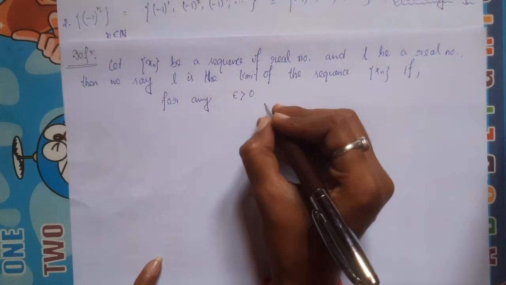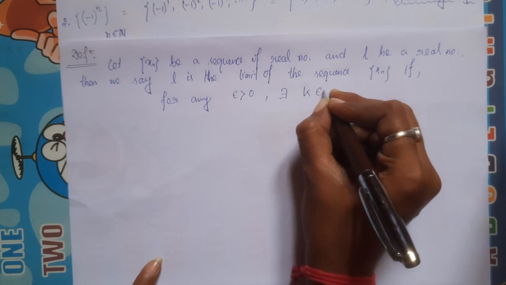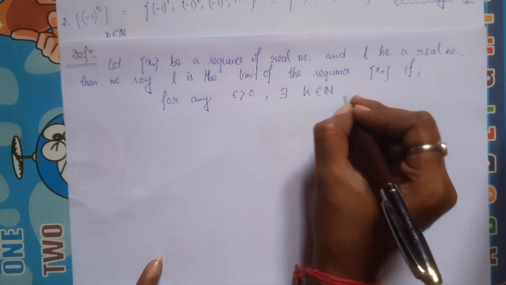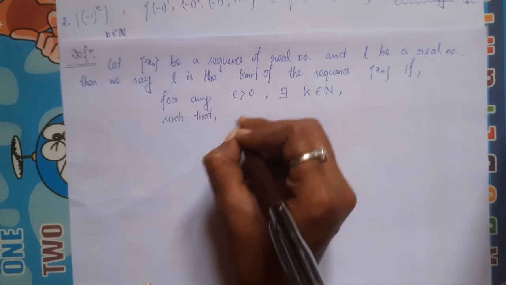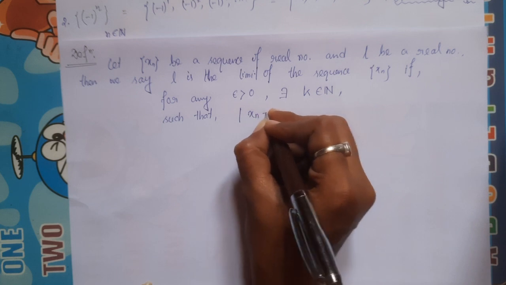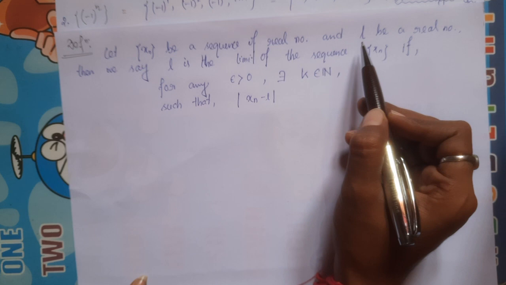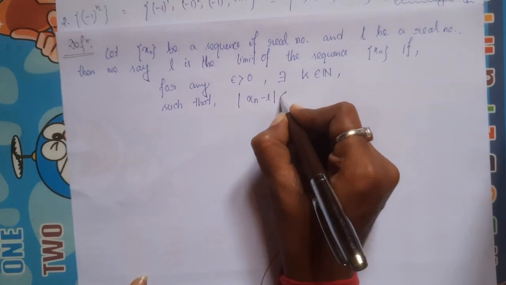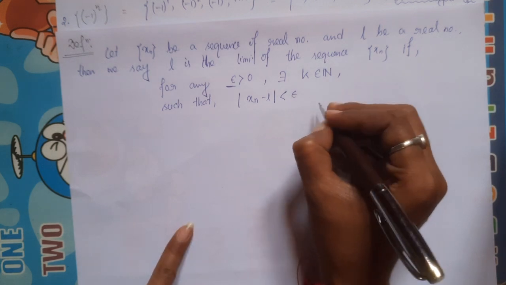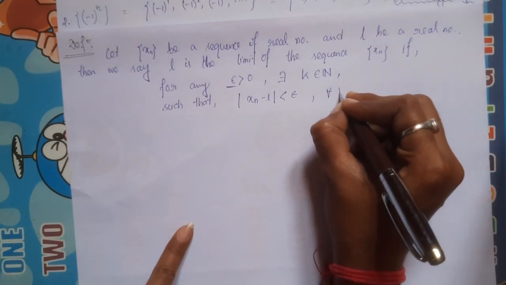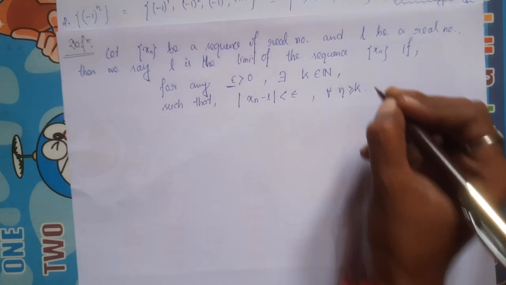So if for any epsilon greater than 0 there exists a natural number k, okay, there always exists a natural number k such that the modulus of x_n minus L, that is the difference of x_n minus L, is less than this small positive number, less than epsilon, for all n greater than or equal to k.